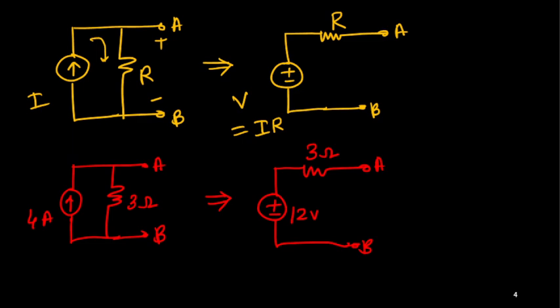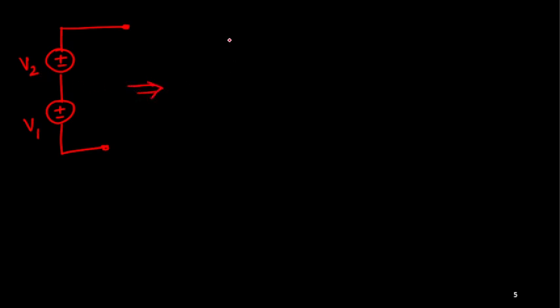So you need to understand addition of sources. What is the meaning? If I have more than one source, these two sources connected one after another, voltage sources, one is V1, other one is V2. So these two we can easily combine to get a single source.